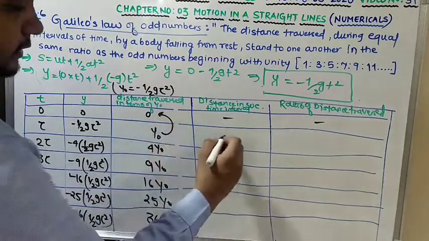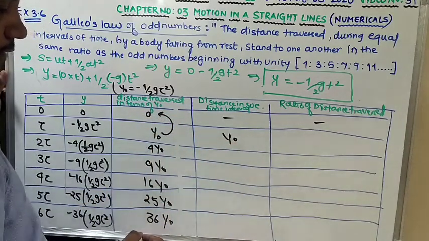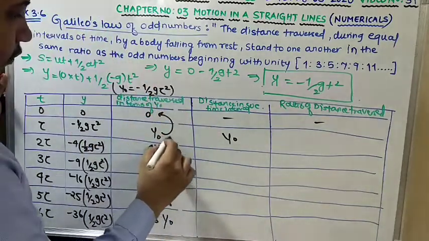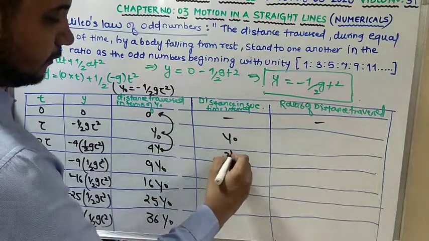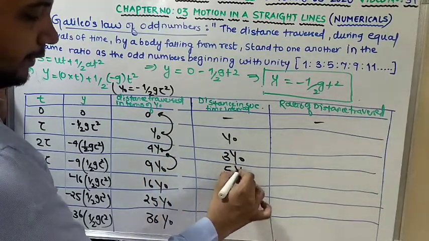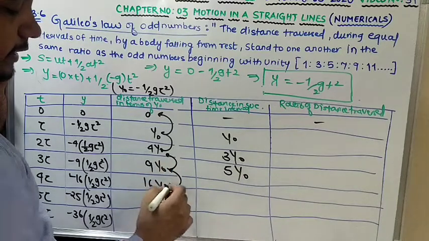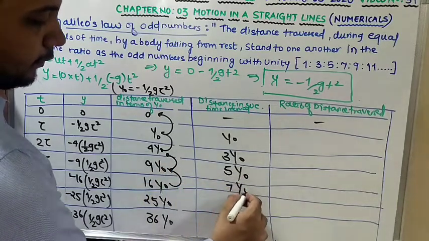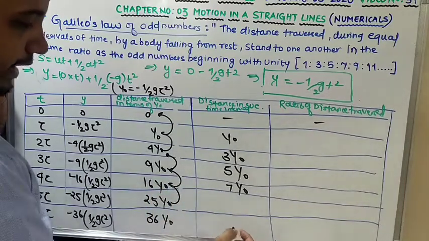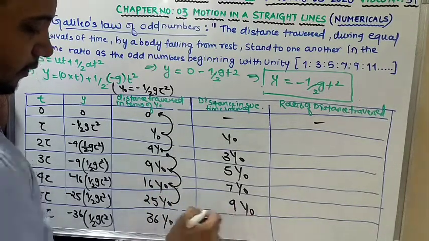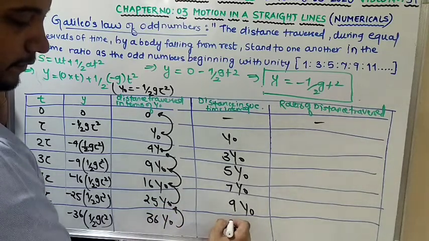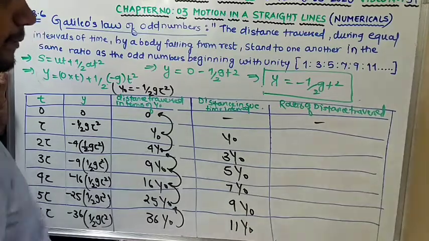So y naught minus 0 is y naught. 4 y naught minus y naught is 3 y naught. 9 minus 4 is 5 y naught. 16 minus 9 is 7 y naught. 25 minus 16 is 9 y naught. And 36 minus 25 is 11 y naught. Is this clear?